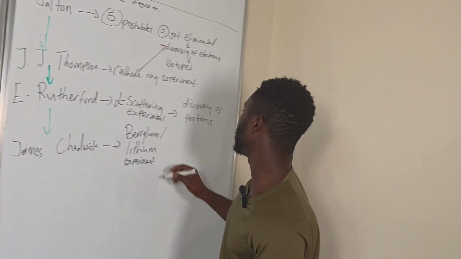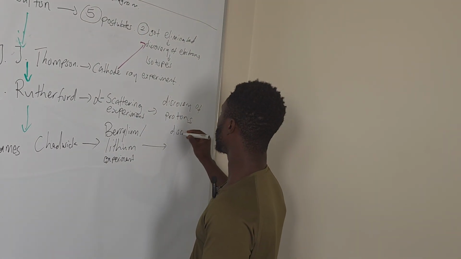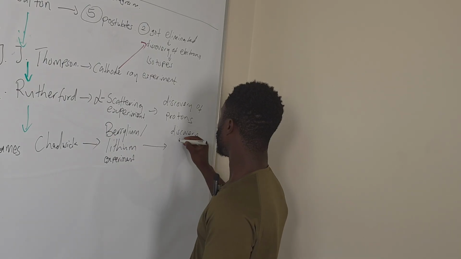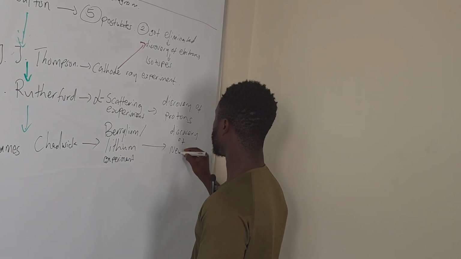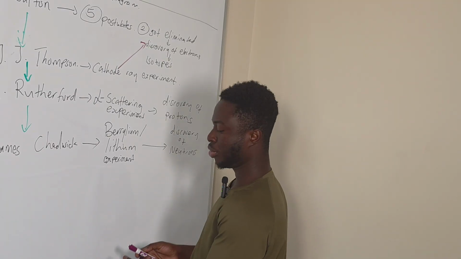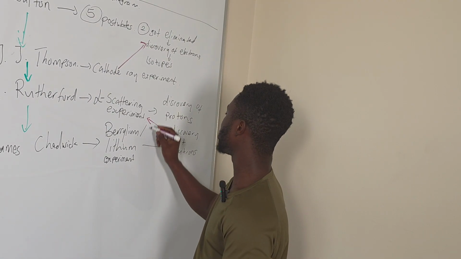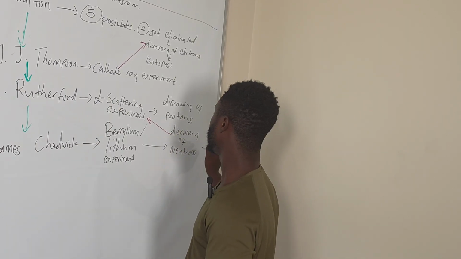And what came about from that? That came about the discovery of neutrons. So he based it on his predecessor's scattering experiment to discover the neutrons.